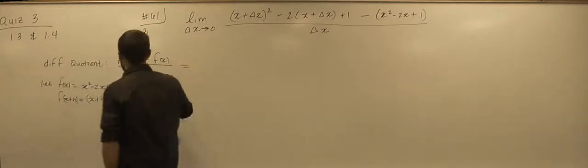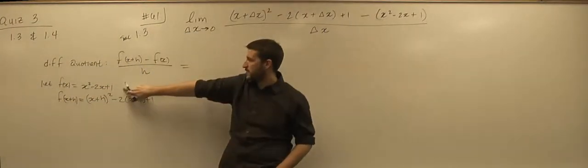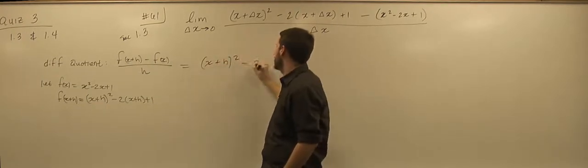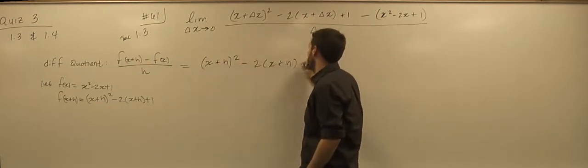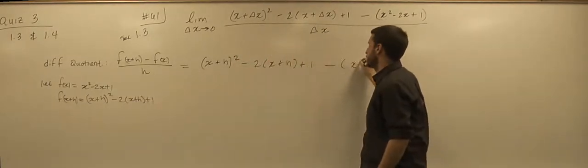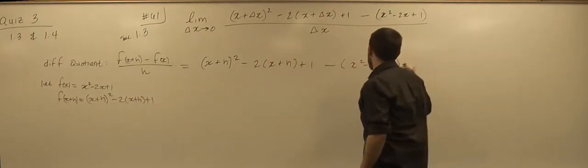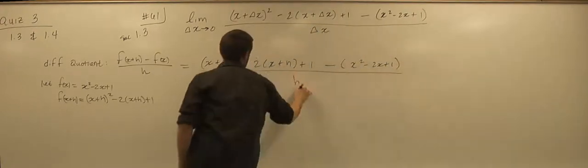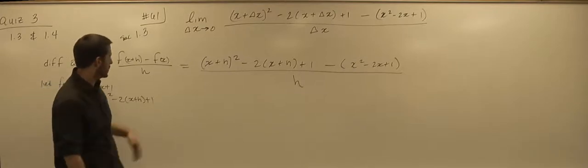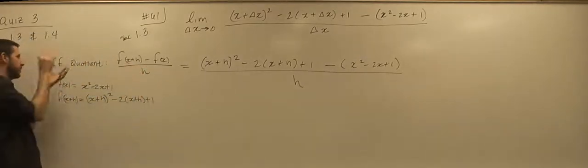So the difference quotient for this function is x plus h squared minus 2 times x plus h plus 1 minus the actual function, all over h.